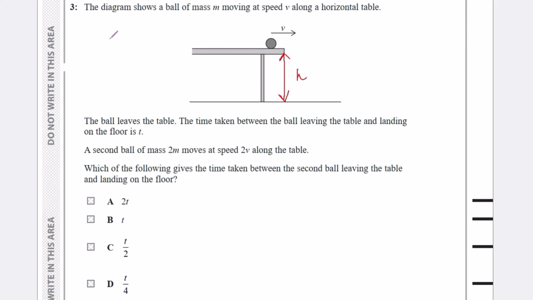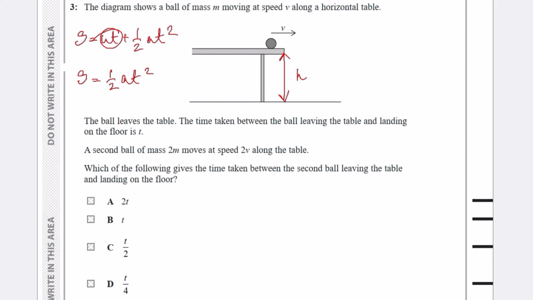So recall the equation, s equals ut plus half at squared. Both of them are launched horizontally, meaning in the vertical direction u is zero, meaning ut is also zero.